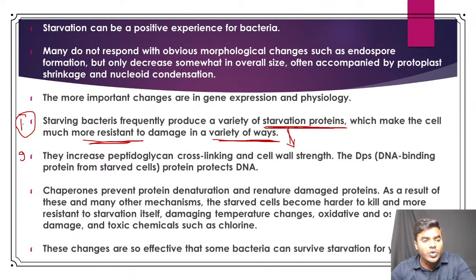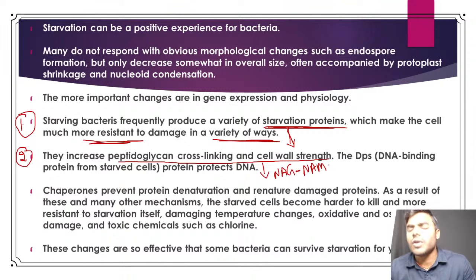And the second unique characteristic is, friends, remember, the bacteria increase their peptidoglycan cross-linking and cell wall strength. You know, no, friends, the peptidoglycan of the bacteria is made up of two important sugars called NAG and NAM. You all know very well, in the entire bacteria, which is the strongest structure?